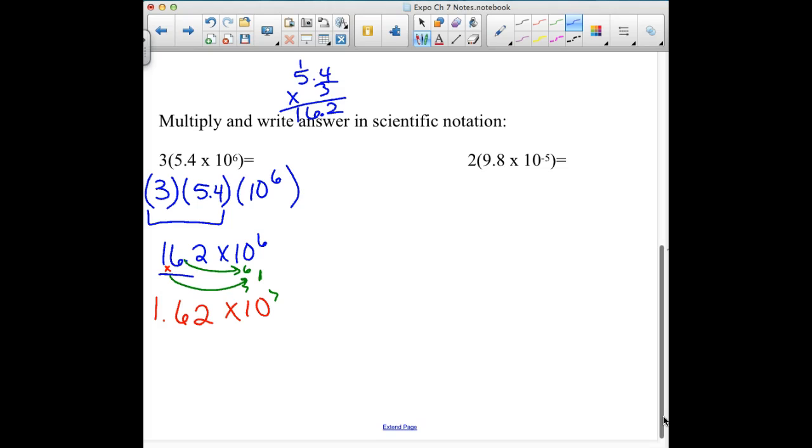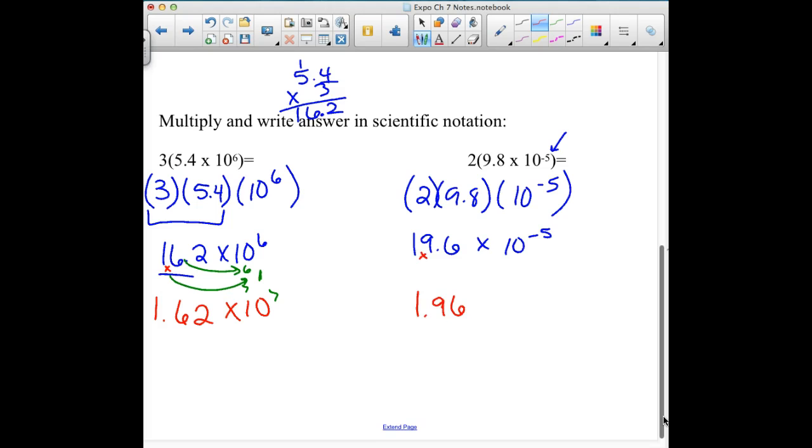Our last example. Only thing different in this one is we have a negative exponent here. So we have 2 times 9.8 times 10 to the negative 5. All right. 2 times 9.8 is 19.6. And again, we need to change that decimal location. We need it to be there. So 1.96 times 10 to some power.